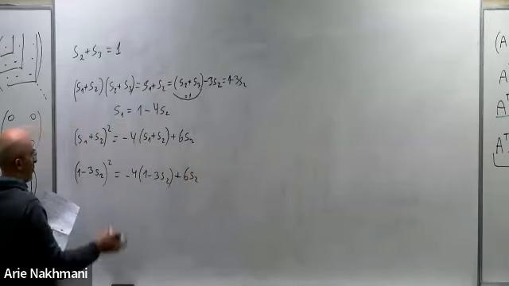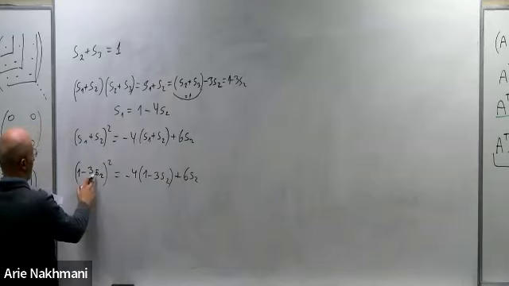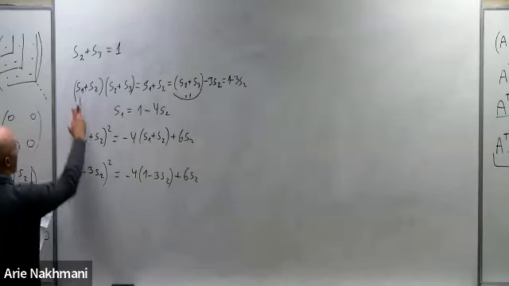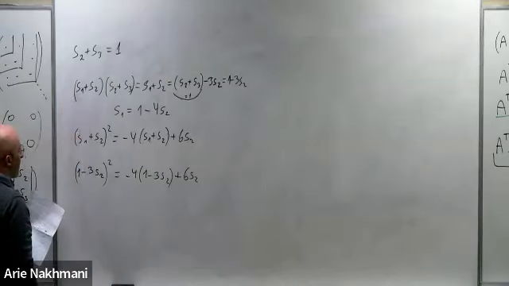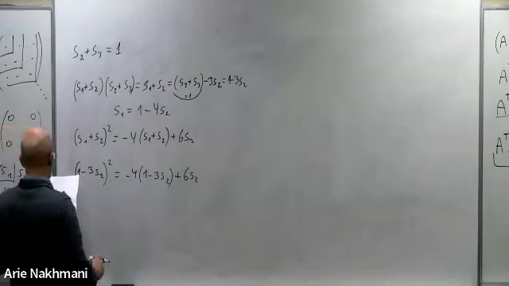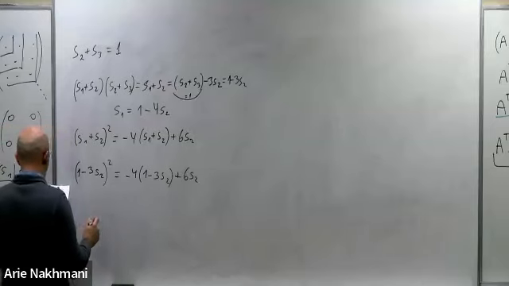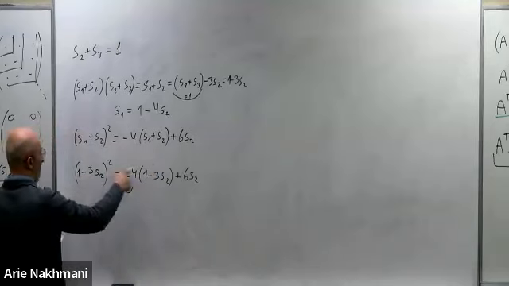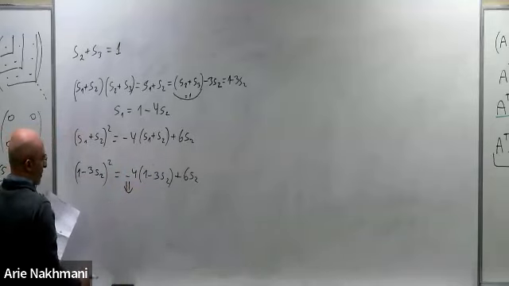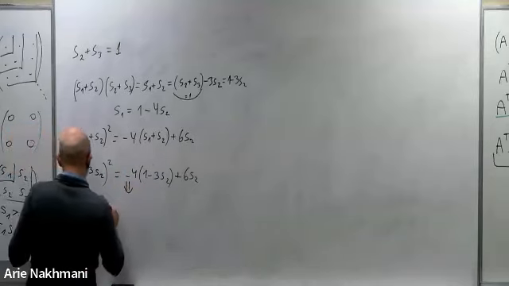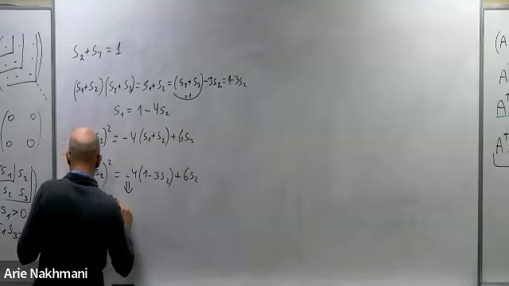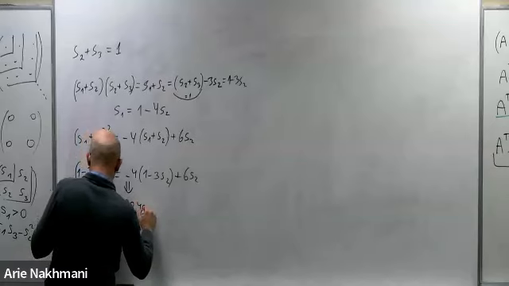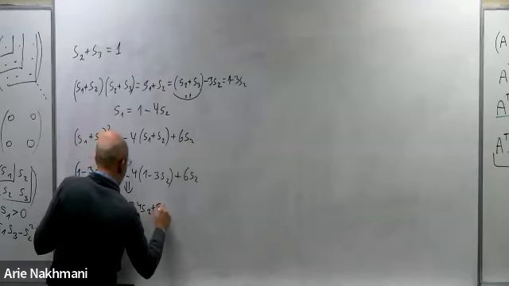I'm just substituting all of the variables to make it all a function of S2. Okay, now we have that quadratic equation after few lines of opening parentheses and so on. Everything is a function of S2 now, but it's quadratic. So it will be 9S2 squared minus 24 S2 plus 5 equals to 0.